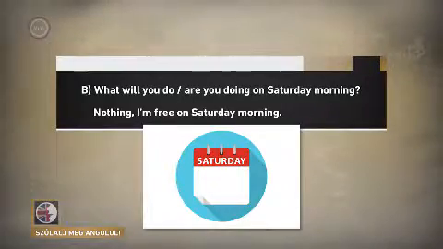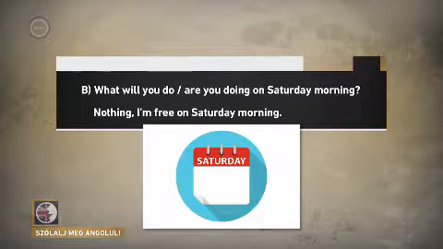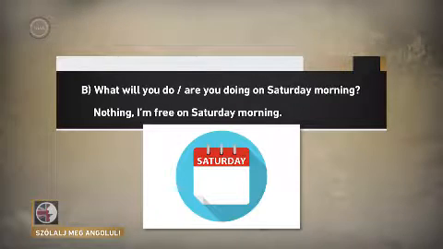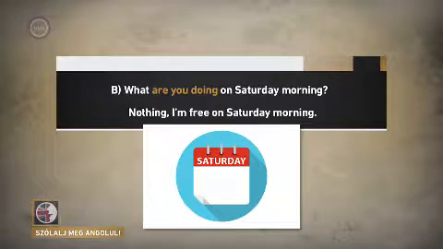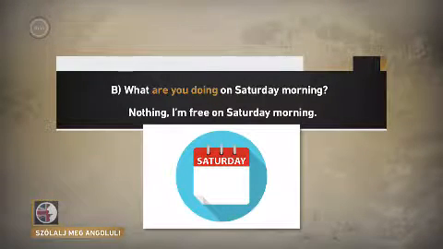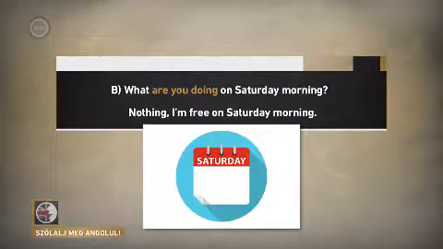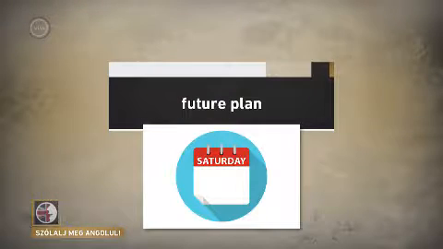Now, what do you remember about the second sentence? Sentence B. Well, in sentence B, we need to use are you doing? Does anyone remember why? Yes, that's correct. We use the present continuous in this sentence because the person who is asking the question is asking about a future plan.